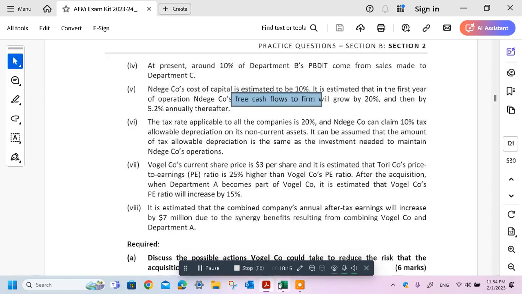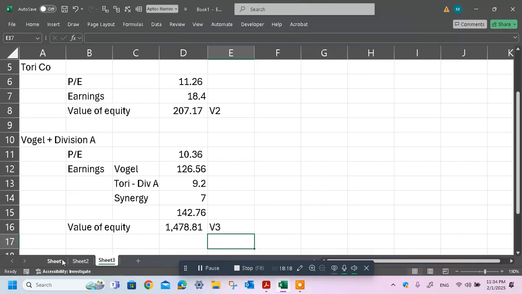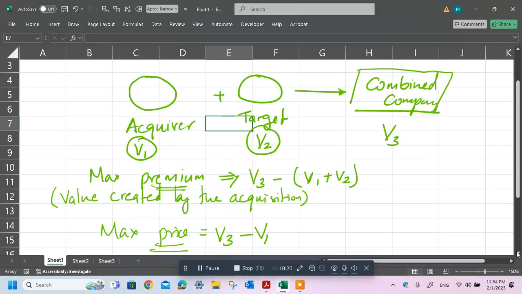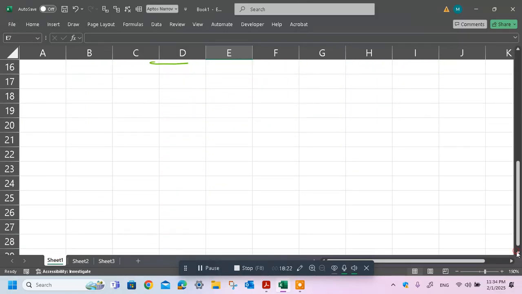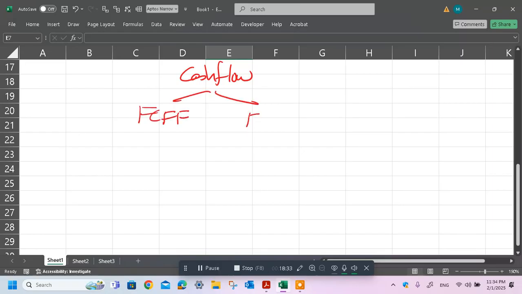Let me quickly recap this knowledge on free cash flow to firm and free cash flow to equity if you have forgotten. Cash flow valuation: there are two, free cash flow to firm valuation and free cash flow to equity valuation. Different cash flows. I'll explain now what each of them are. This one, you must discount at weighted average cost of capital.